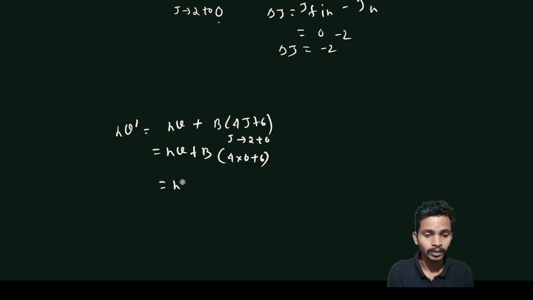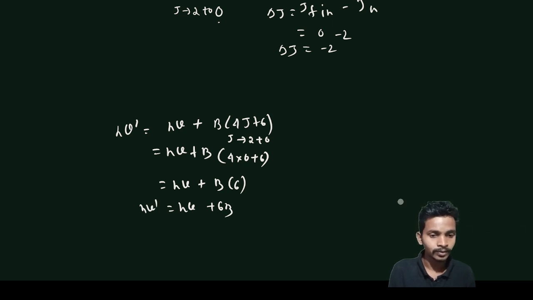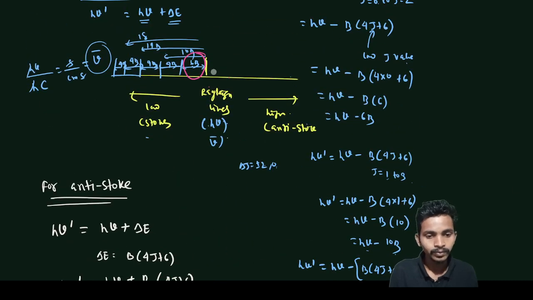I get h nu plus 6b. This is h nu dash. So this is h nu and this is 6b. So first we get the line at 6b.